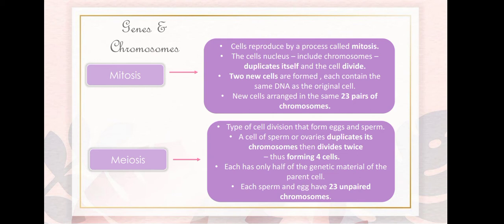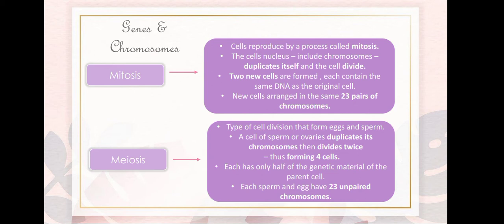Two new cells are formed, each containing the same DNA as the original cell. So mitosis will produce exact copies of cells.